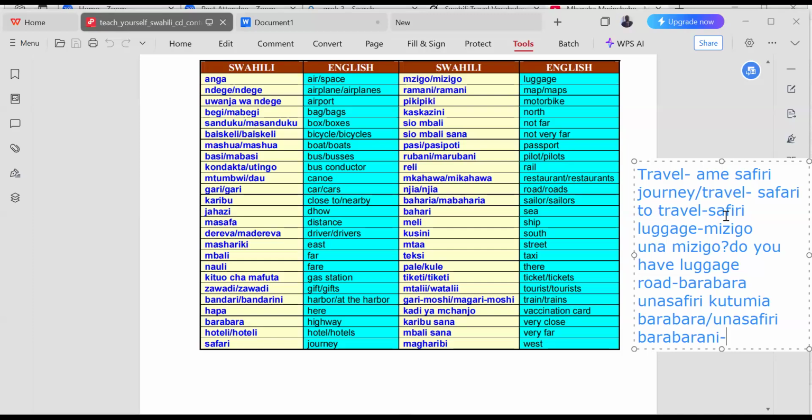You can equally travel via air. Now, air, we call it anga. That's air. Anga. Like how you say anga in English. So that's the air.